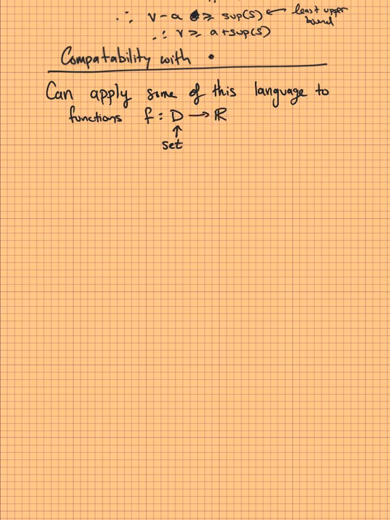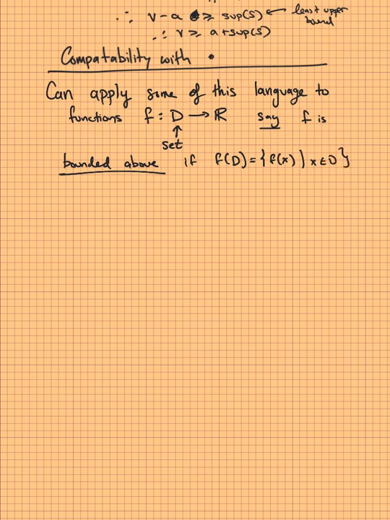But for the language to apply, the image has to be in the real numbers. So what we say is that f is bounded above if the set f of D, the image, so remember this is just all f of x where x is in D, is a subset of the real line, so I can say if this set is bounded above.